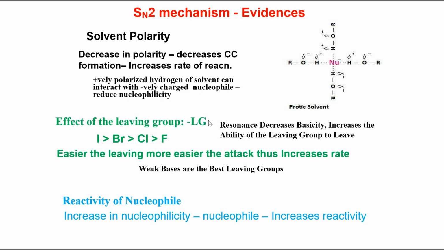In the SN1 substitution, the nucleophilicity of the nucleophile did not have any effect on the reaction rate, meaning it was not involved in the rate determining step. Here, the increase in nucleophilicity increases reactivity, which indicates that the nucleophile is involved in the rate determining step, and its concentration and strength affect the rate of the reaction.